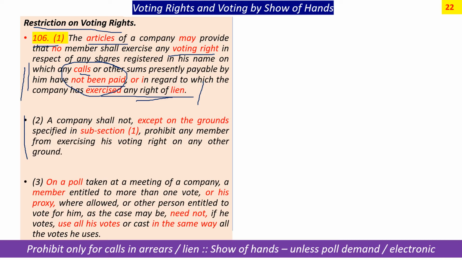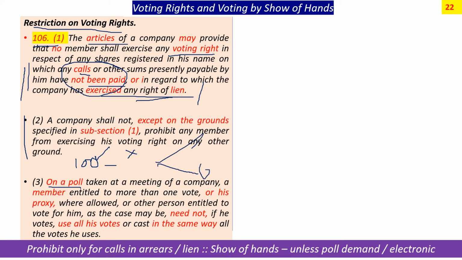And when a person attends a meeting and in a poll, he has to put in his votes. For example, if you have got 100 votes as a proxy, you can put 100 in favor of the resolution, you can put 100 against the resolution, or you can split also.